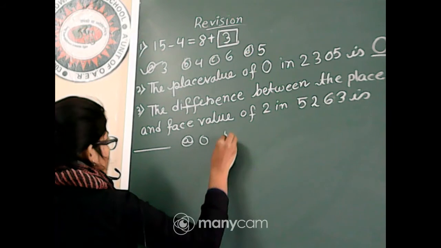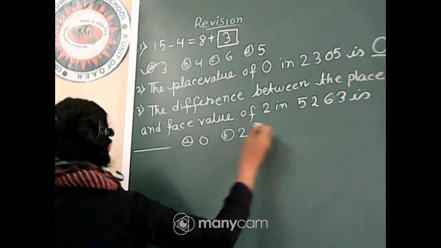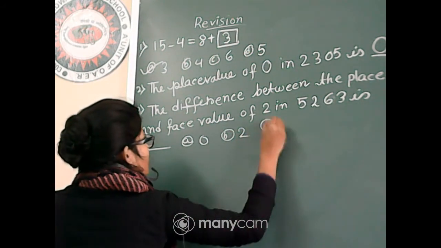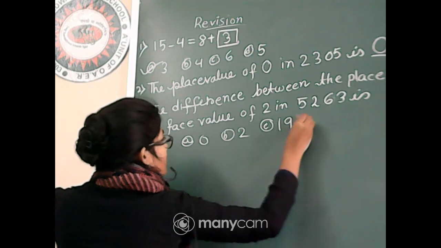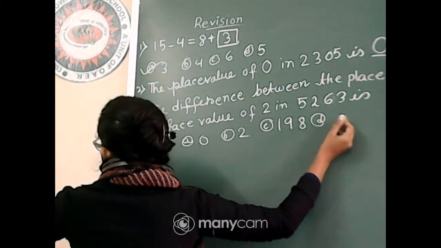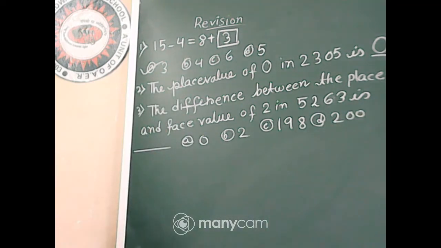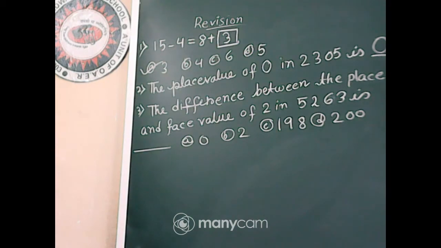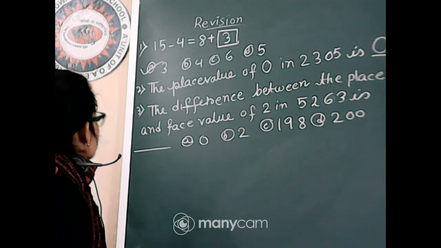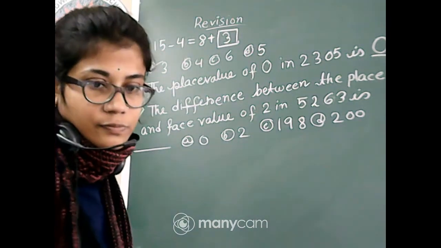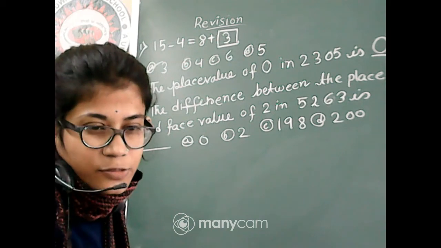The options: A is 0, B is 2, C is 198, D is 200. Read the question. The difference between the place and face value of 2 in 5263 is. Good. It's 198.